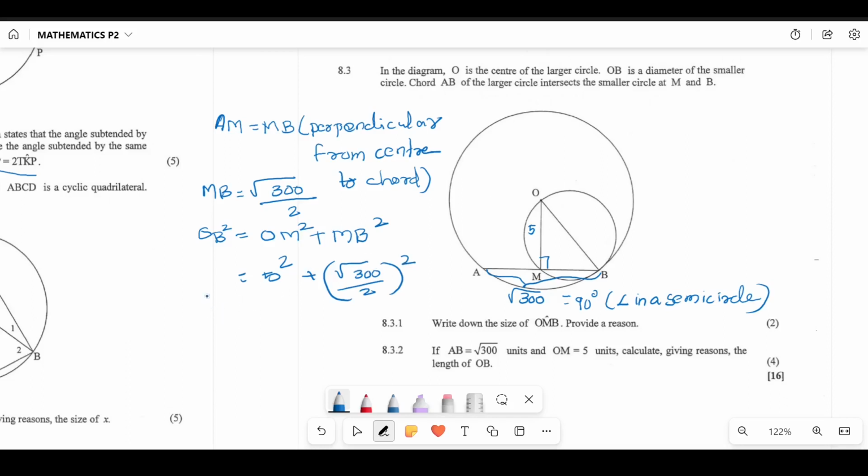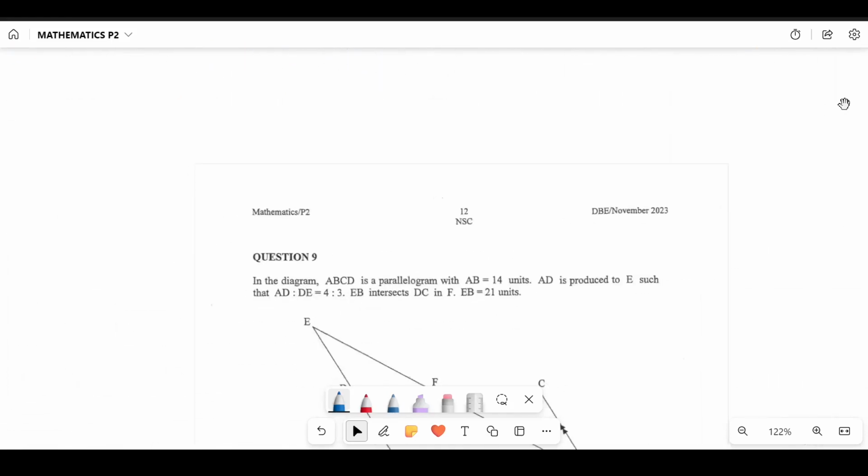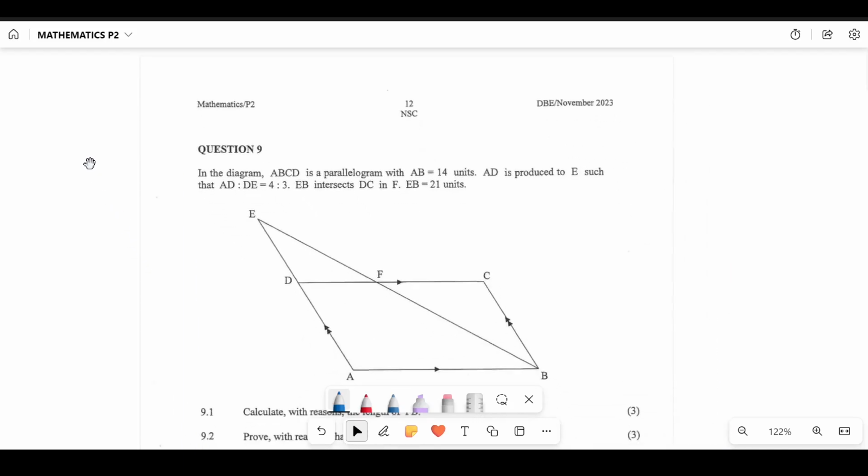Now you take the square root, so OB is actually the square root of this. You can put this once in the calculator. You get OB equal to 10 units. Another 4 marks. Now we are going to question number 9.